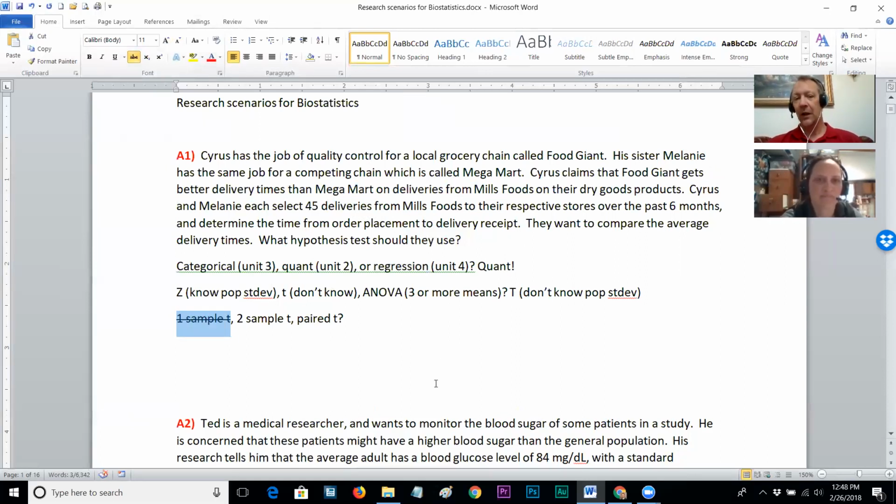Right. Now this is a good, tricky one, because the question is: is it a 2 sample T or a paired sample T? I'll let you pick, and then you have to tell me why. I'm going to warn you, without question, this is the hardest choice to make.